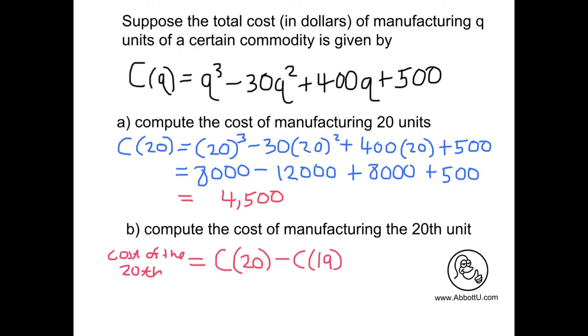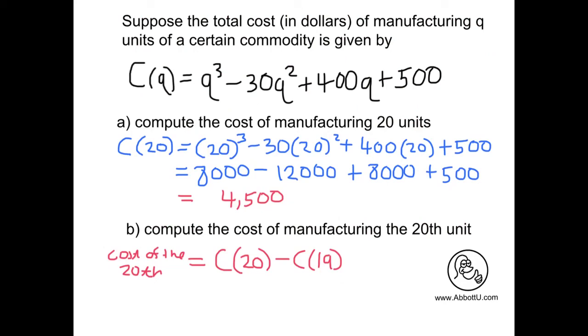And I think you probably understand that. When you manufactured 19 units, it was a certain total cost. And then when you did the 20th, it was a different total cost. And the difference between these two is the cost of the 20th unit. If you don't understand that, just think about it. Rewind the video until that sinks in.